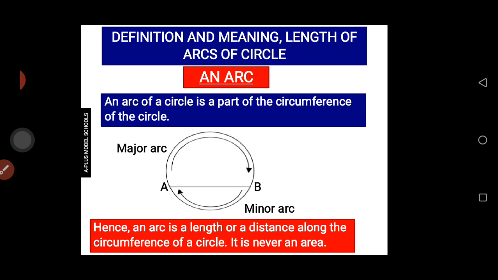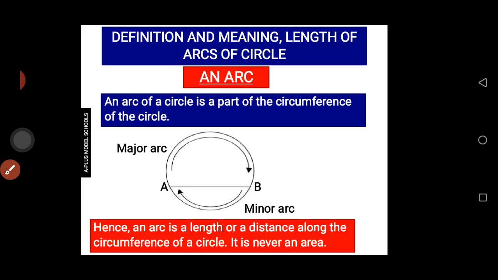It is the curved part of the circumference as well. So when you look at this curved part, that is an arc. It is categorized into two: we have the major arc and the minor arc.